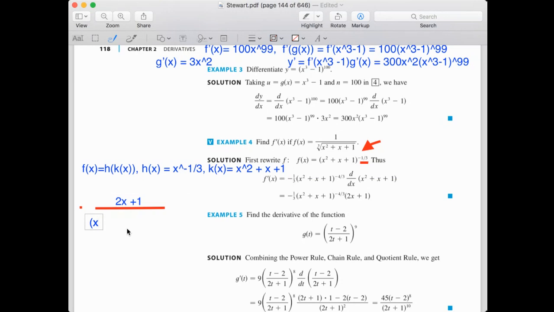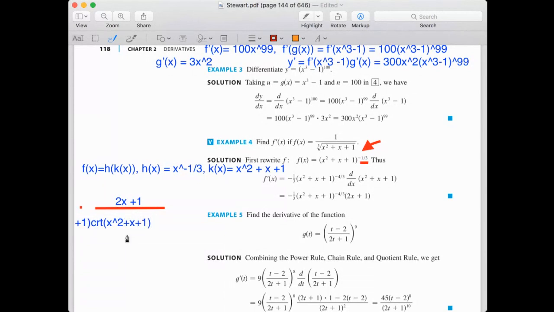So x squared plus x plus 1 times the cubic root of x squared plus x plus 1.